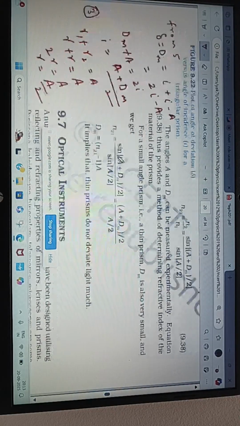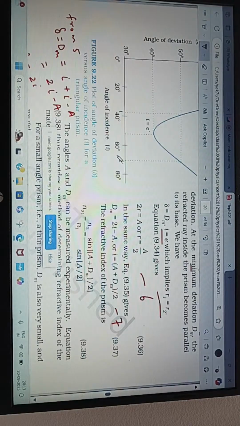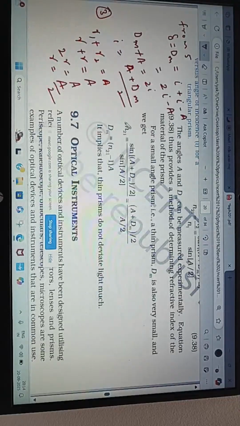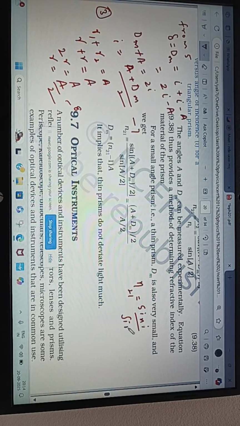This is the seventh equation, and this is the eighth equation. What is the refractive index? n21, the refractive index of the glass with respect to air, is equal to sin I by sin R. What is sin I?